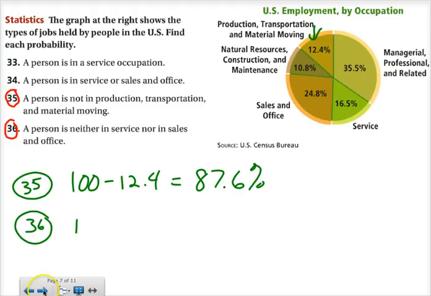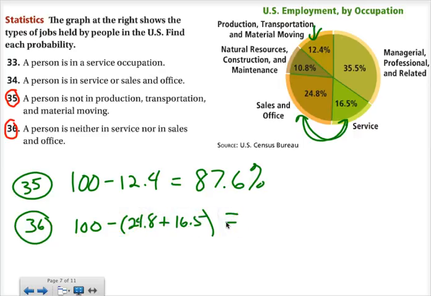So I'm going to use that same kind of thinking here to say, all right, I have 100%, but what I have to do is subtract the people that are in service or sales and office. So service, sales and office, that's what I'm going to want to subtract from that. So 24.8 plus 16.5, and then we'll just subtract that from 100.